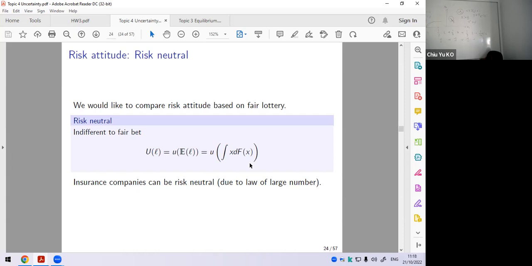And probably you ask, when we talk about applications to a big corporation or large bank, we can assume they're risk neutral. Why is that the case?